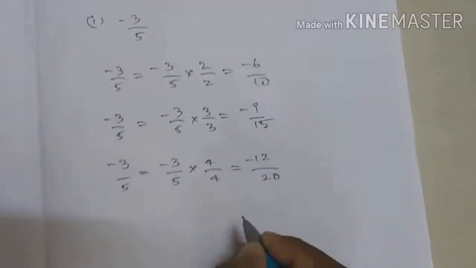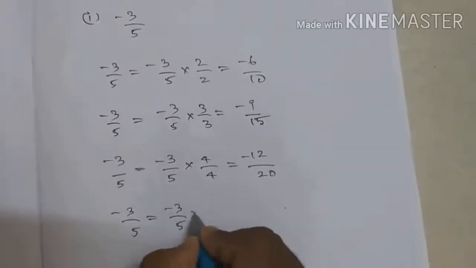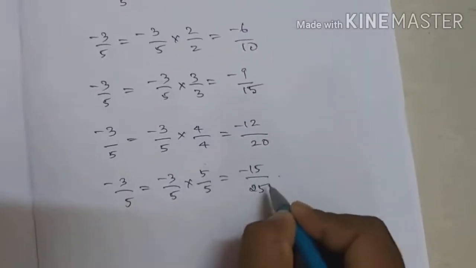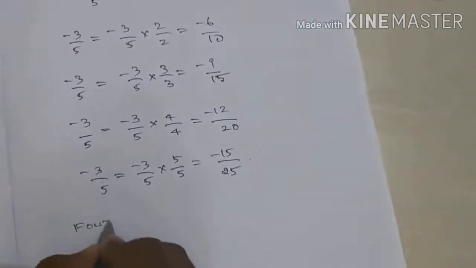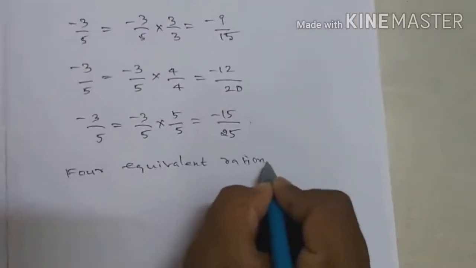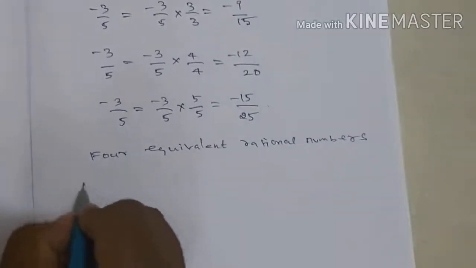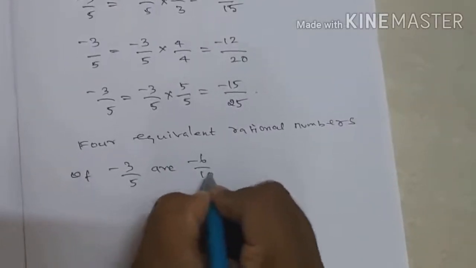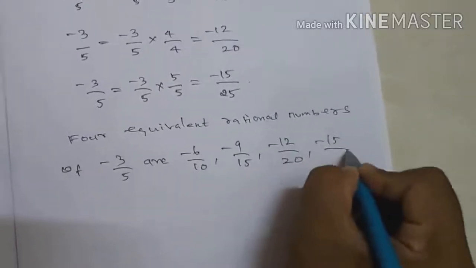And finally, -3/5 multiplied by 5/5 gives -15/25. So the 4 equivalent rational numbers of -3/5 are -6/10, -9/15, -12/20, -15/25.